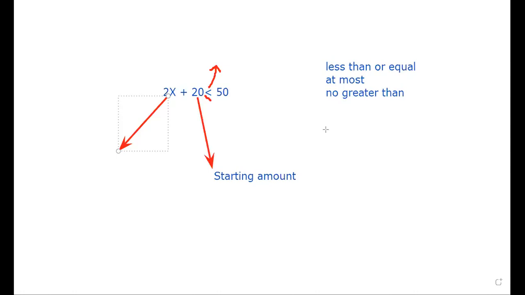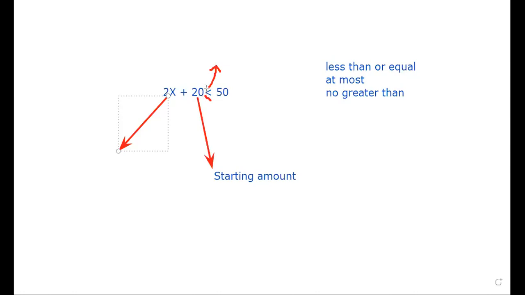The maximum value you can use is 50, because the sign here says that 50 is greater than or equal to 2x plus 20.